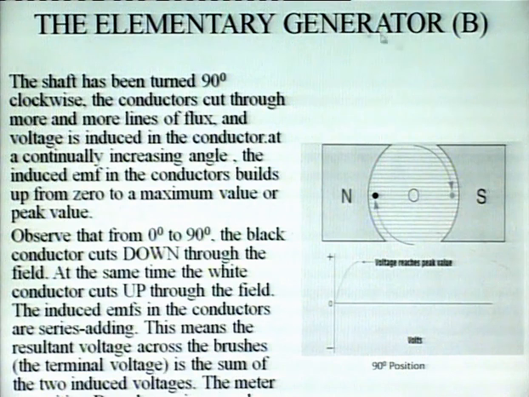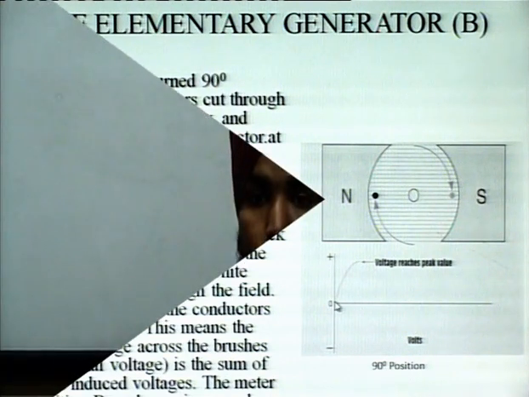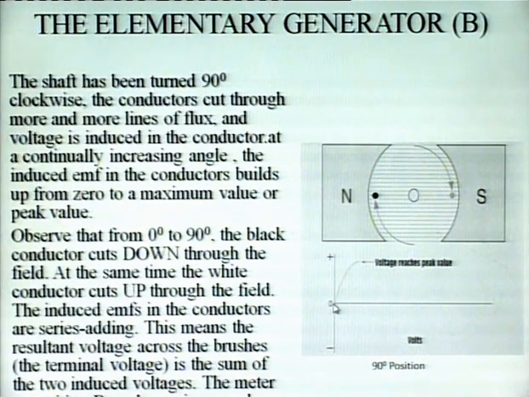So, from 0 degree to 90 degree flux cutting is increasing. When flux cutting is increasing, EMF induced will also increase. So, at 90 degree the flux cutting will be maximum. So, from 0 degree to 90 degree EMF induced will increase from 0 to maximum.